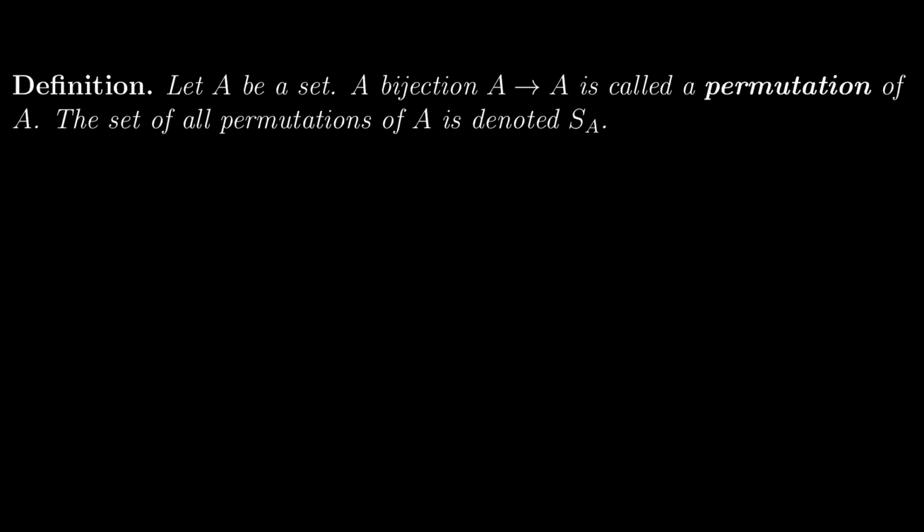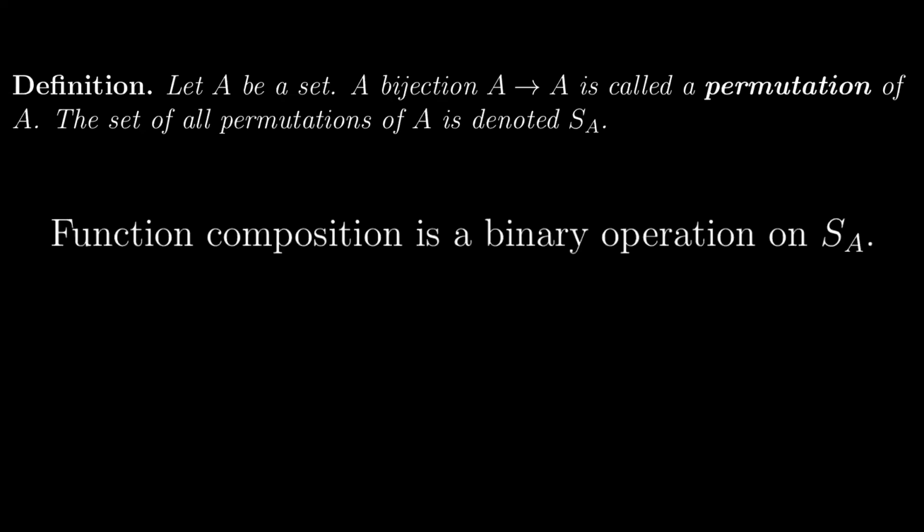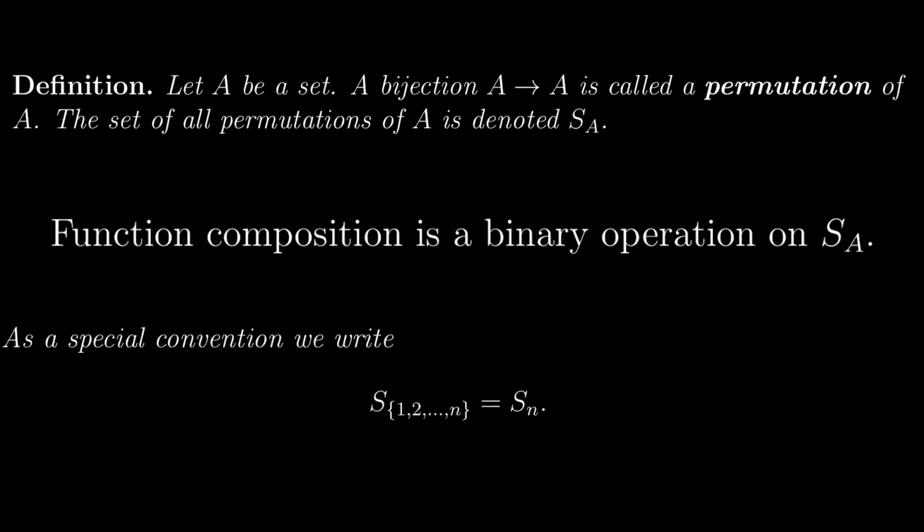So function composition is a binary operation on the set of permutations on a set A. S sub A is what we call the set of permutations of A. As a special case, if A is the set of numbers from 1 up to n, then instead of writing S_A, we write S_n, okay?